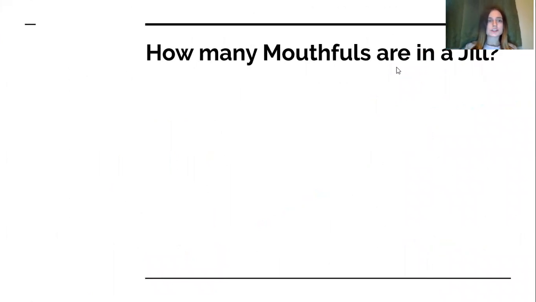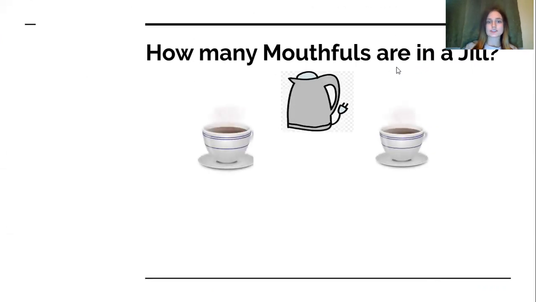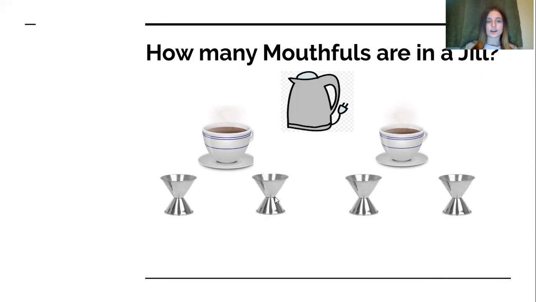So with this question, we are using the doubling system. So we know that 1 gill is equal to 2 jacks. So how many jiggers are in 1 jack? So 2 jiggers are in 1 jack, and we have 2 jacks. So that means we have 4 jiggers.